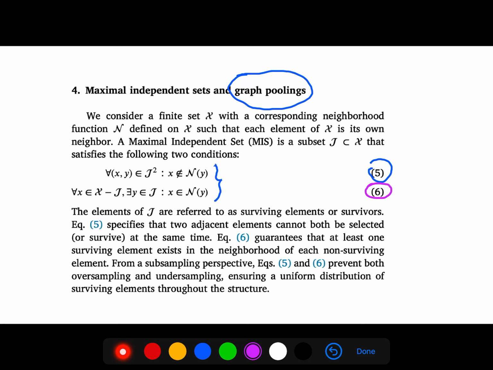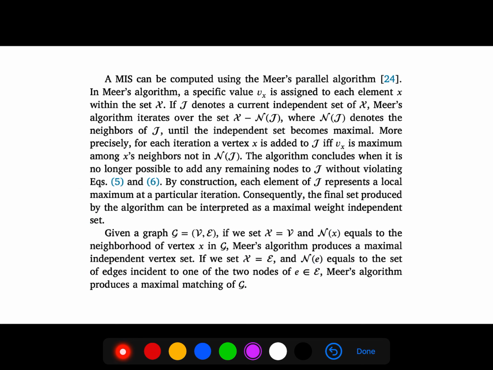From a subsampling perspective, these two equations prevent both oversampling and undersampling, ensuring a uniform distribution of surviving elements throughout the structure. So this maximal independent set can be computed using a very old algorithm, maybe from 1980.